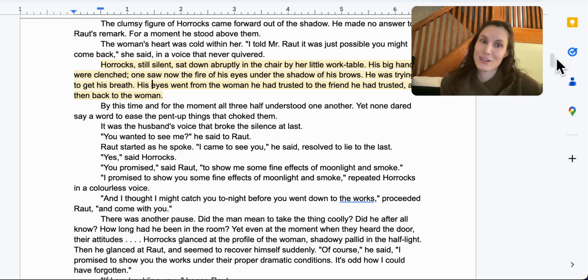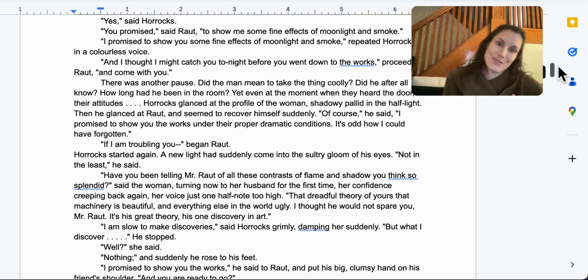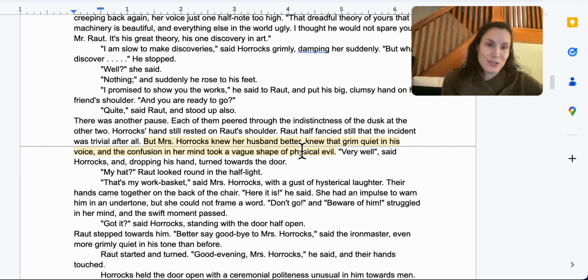That's meant to build our story's suspense because now we as the reader know that Horrocks definitely knows about the affair. Then we also get the point of view of Mrs. Horrocks. We learn that she is basically scared of her husband and he is a dangerous guy. But Mr. Rout is not going to be aware of that.